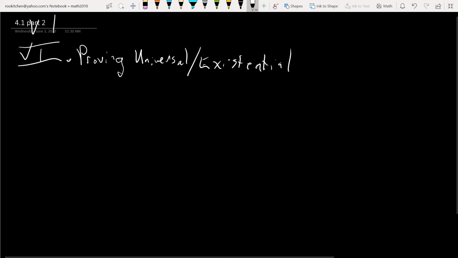And we've looked at this before in the previous section, and I said we'll learn later how to do this. In the previous section, we learned that we use the method of exhaustion to prove these statements.